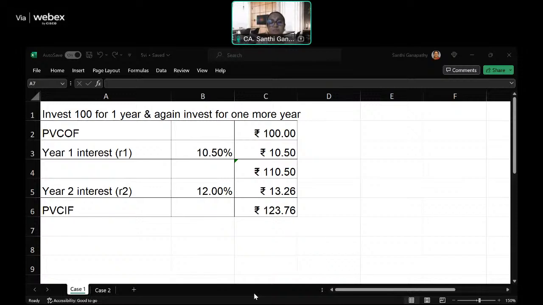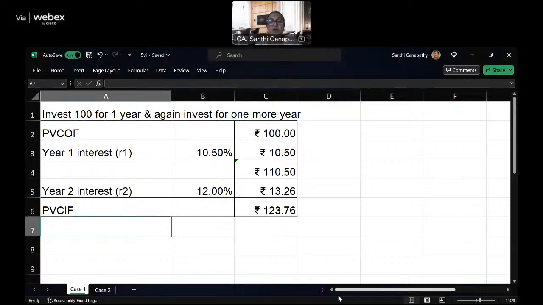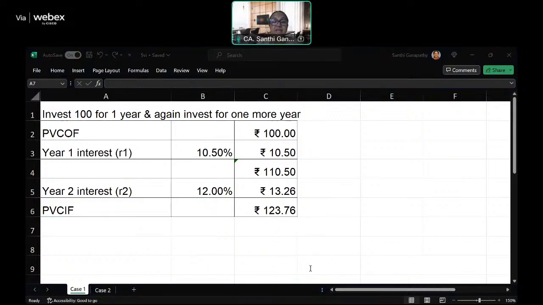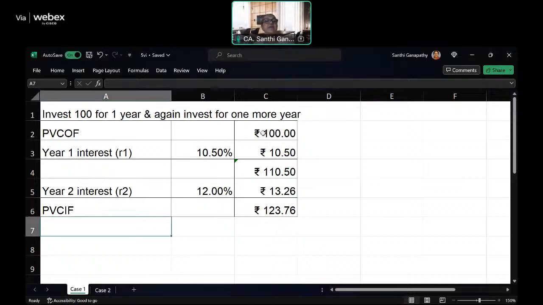So here in this problem, what did we have as R1? 10.5%. What did we find as R2? 12%. So let us say I am investing 100 rupees for 1 year, then again I invest the amount for 1 more year. I'll get 123.76.